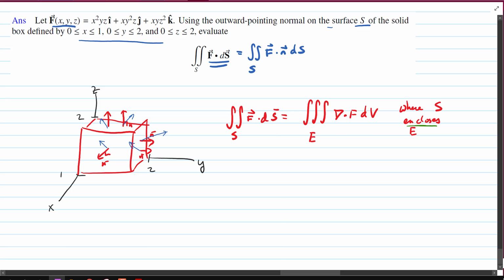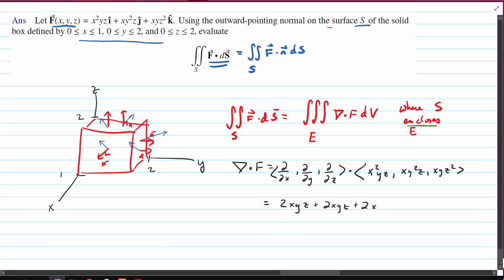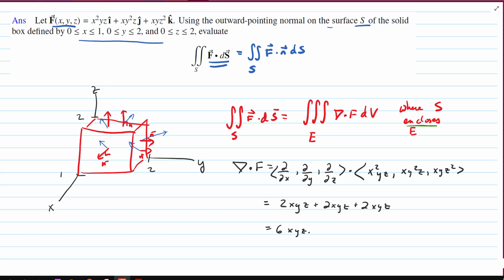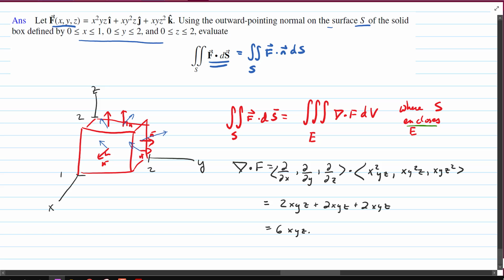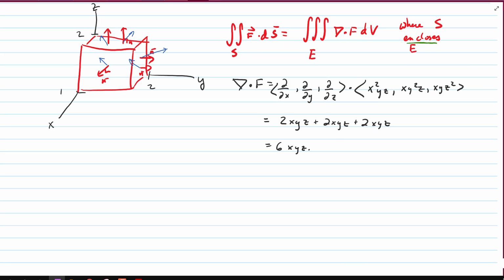As our integrand, we're going to need to compute del dot F. So let's go ahead and do so. Now that we've computed the divergence, let's write out our triple integral as an iterated integral.